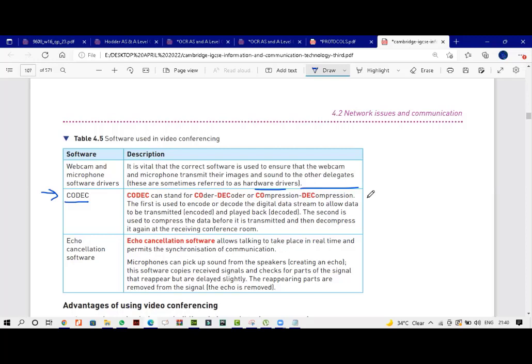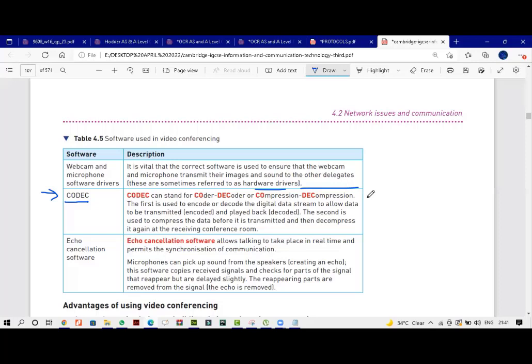For example, I have very bad bandwidth here and you have a good one. If you want the video conferencing to go on, my software should be able to compress the data to such an extent that the data transfer keeps going.